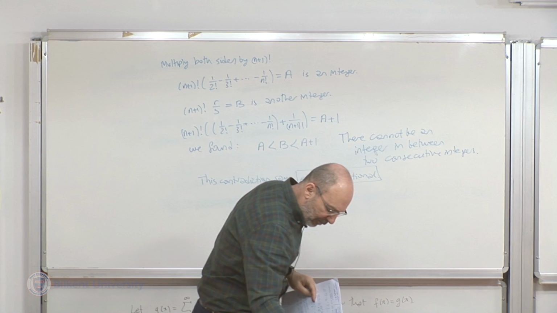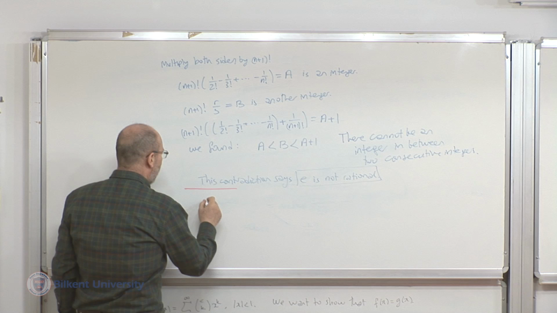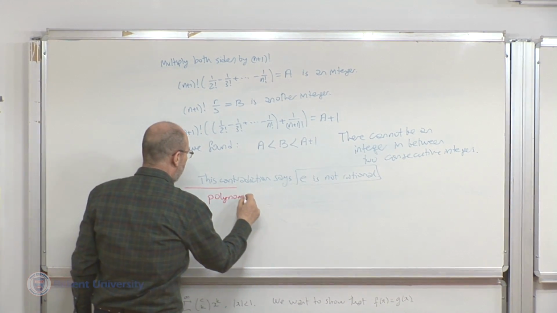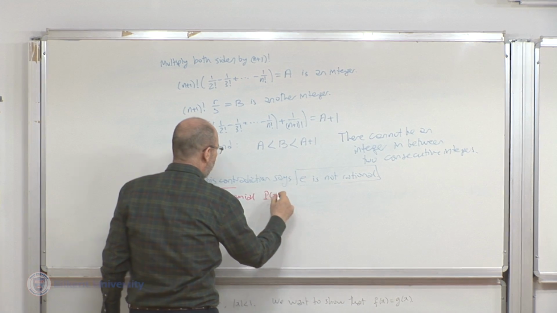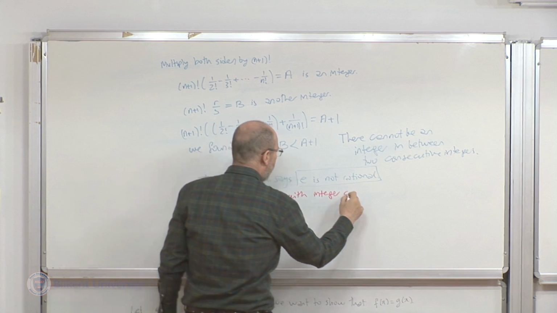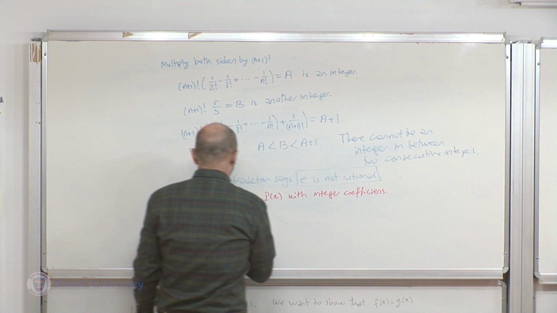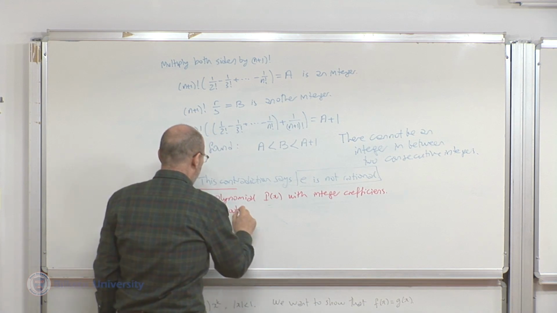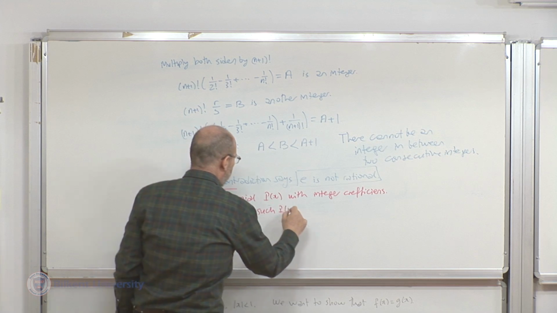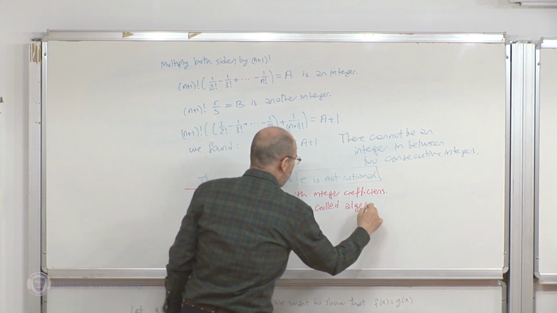If you have a polynomial p of x with integer coefficients, the roots of such p of x are called algebraic numbers.